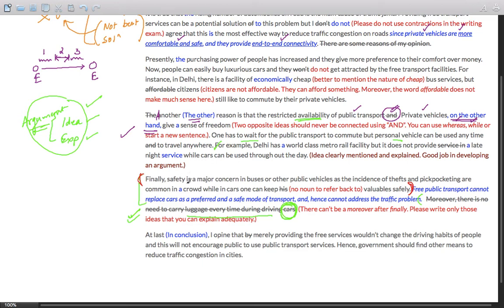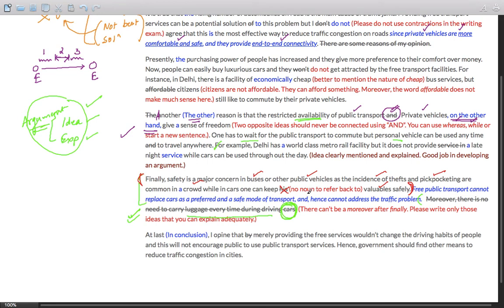Finally, safety is a major concern in buses and other public vehicles, as the incidents of thefts and pickpocketing are common in a crowd, while in cars one can keep valuables safely. Now this is fine. There's no need of a pronoun over here. This is fine. However, there's a lack of context over here.